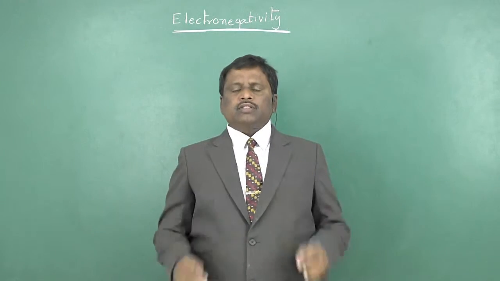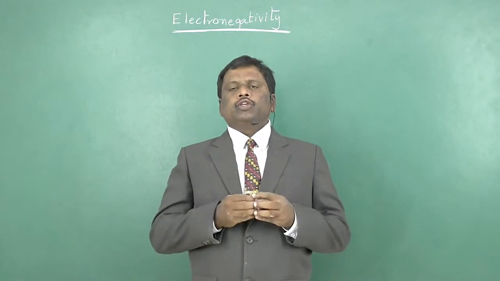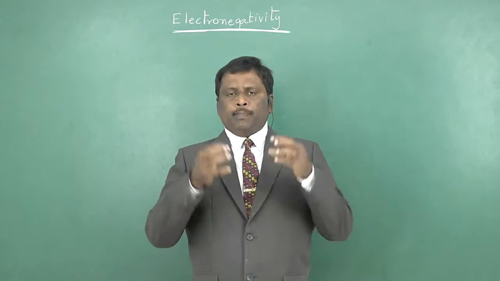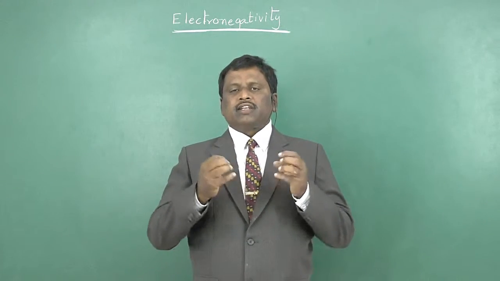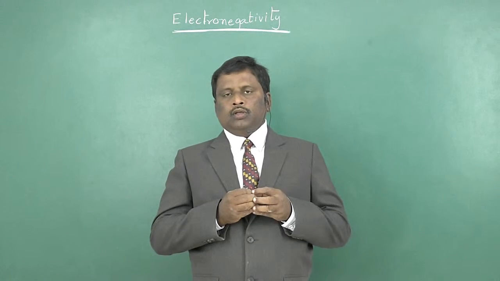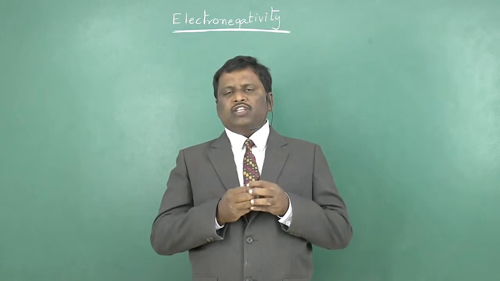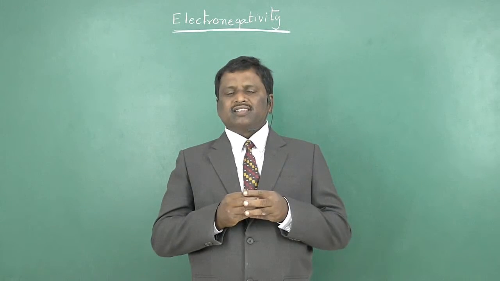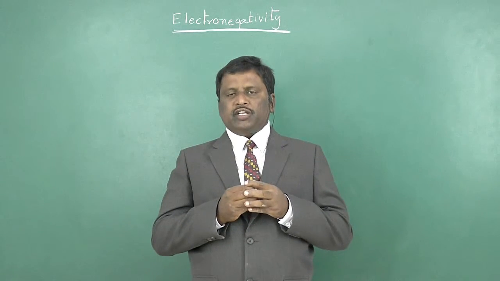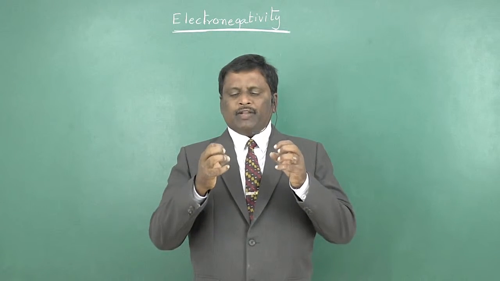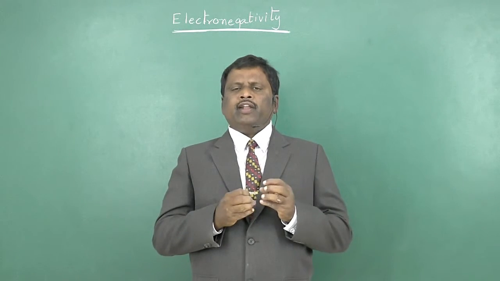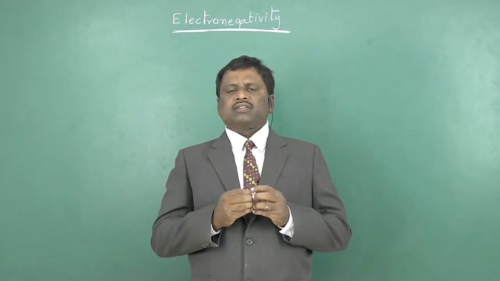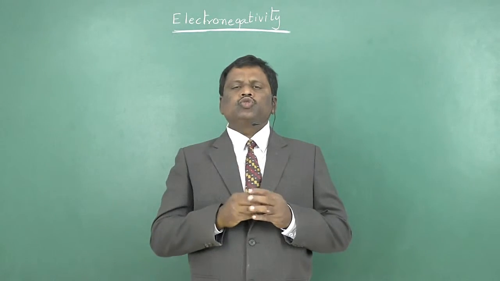When two atoms combine to form a molecule, they bind together with a certain bond, covalent bond, ionic bond and so on. In that bond formation, one pair of electrons is mutually shared by the two bonded atoms.